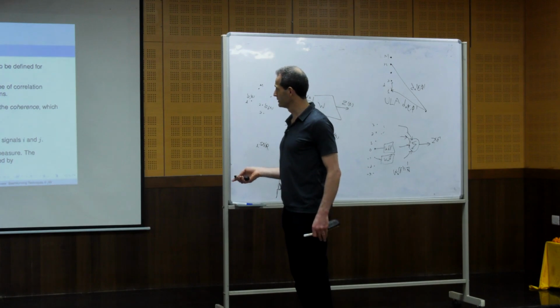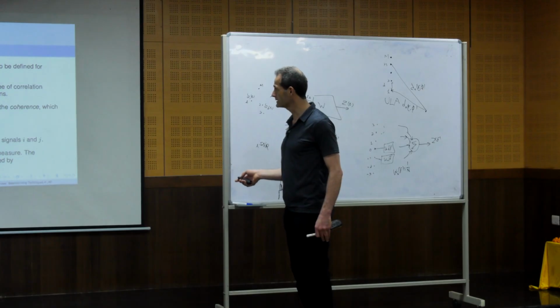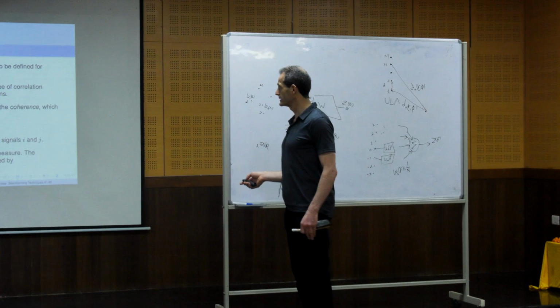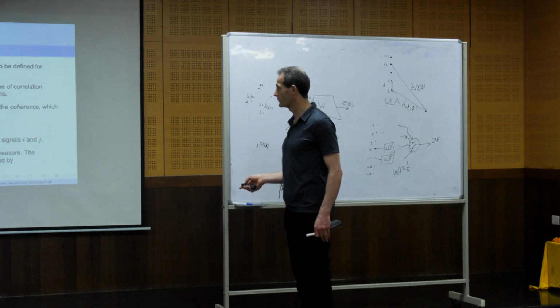If we take the magnitude squared coherence, it's always between 0 and 1.